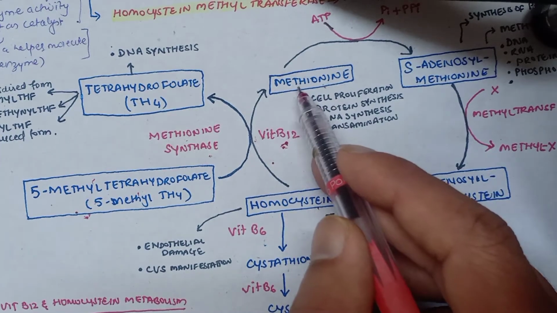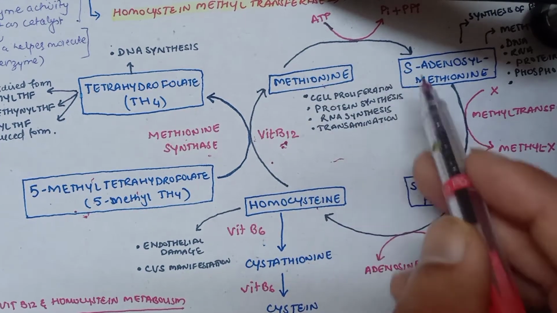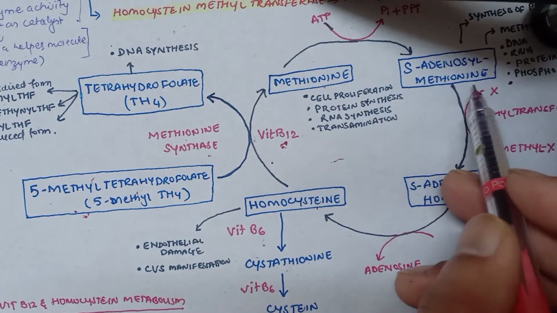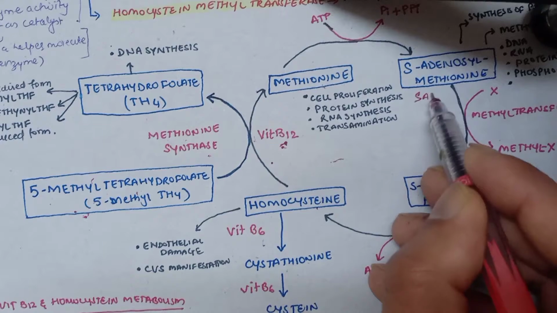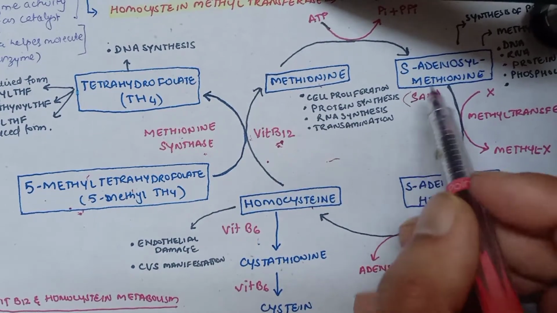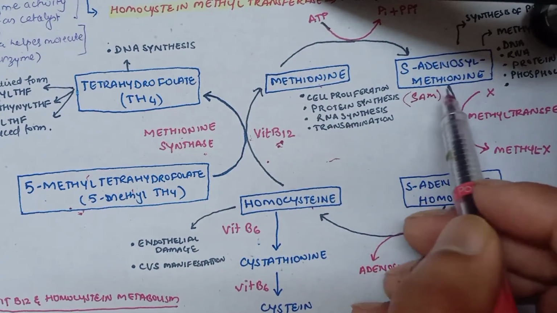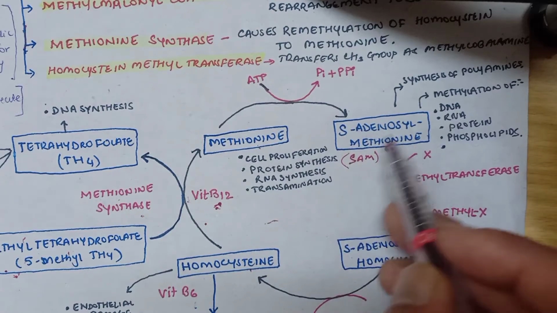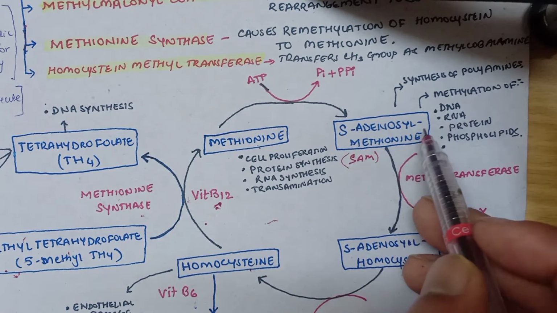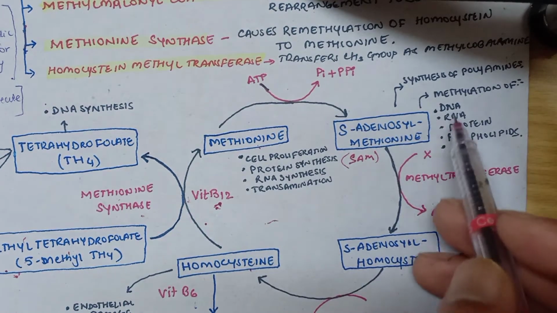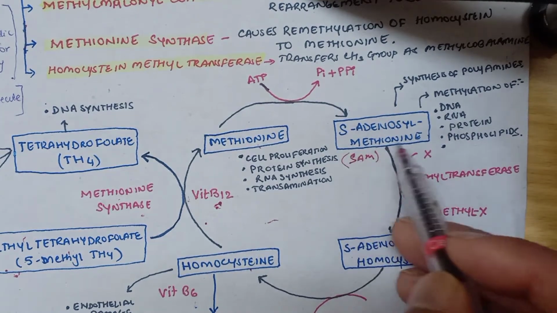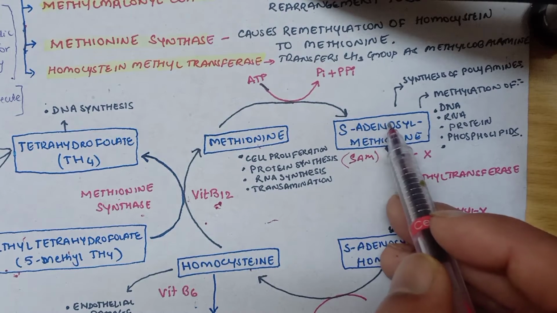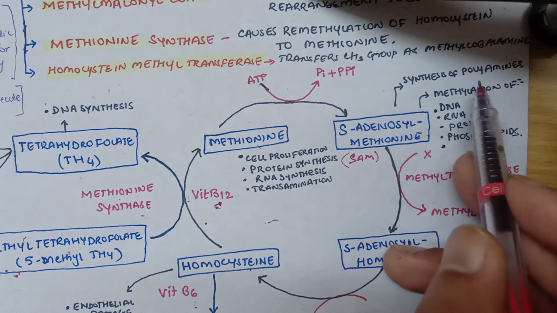Now methionine will get converted into S-adenosyl methionine, also written as SAM. S-adenosyl methionine helps in methylation of DNA, RNA, protein and phospholipids. This S-adenosyl methionine also helps in synthesis of polyamines.